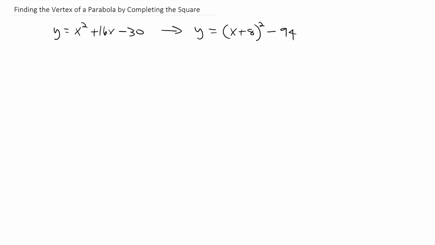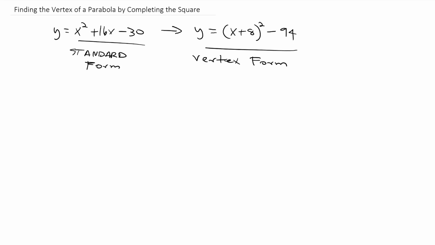These two equations are identical in terms of their curve on an xy coordinate plane. However, this is in a form called standard form, and this is in a form called vertex form. There are advantages in both forms, but we're going to learn how to convert a standard form equation of a parabola into vertex form by completing the square.